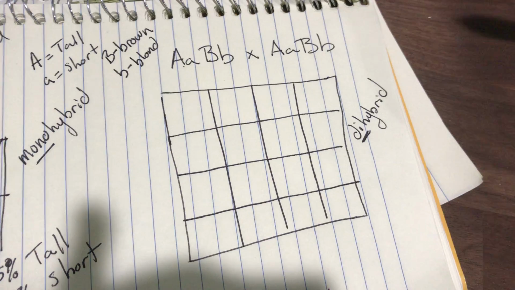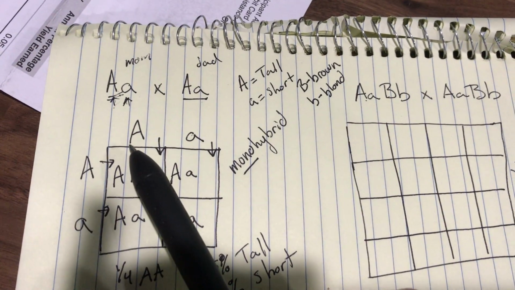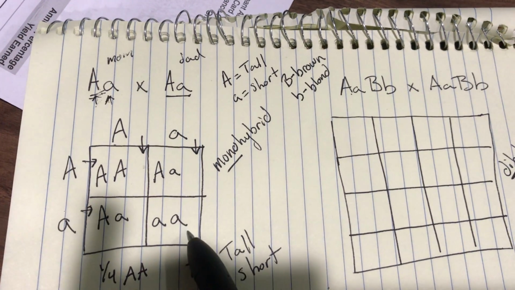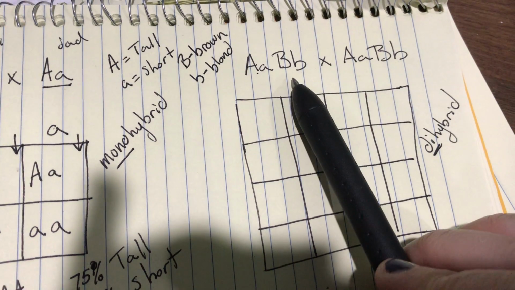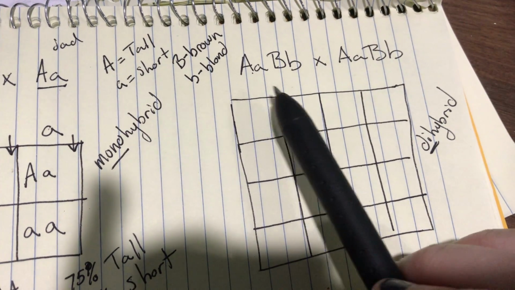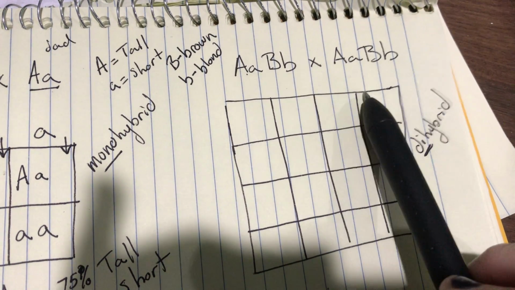Okay, so this one's a little bit more complicated. In the monohybrid cross, we had one letter on top of each box and on the side of each box. This time we're testing two letters, so we have to have two letters on top of each box. So one A and one B goes for each box.